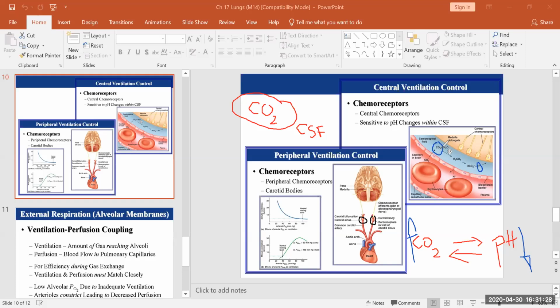So it also facilitates CO2 being picked up by the red blood cell because of that relationship: CO2 and pH and oxygen and hemoglobin. The more oxygen is detached from the hemoglobin, the more it allows the hemoglobin to capture the proton.